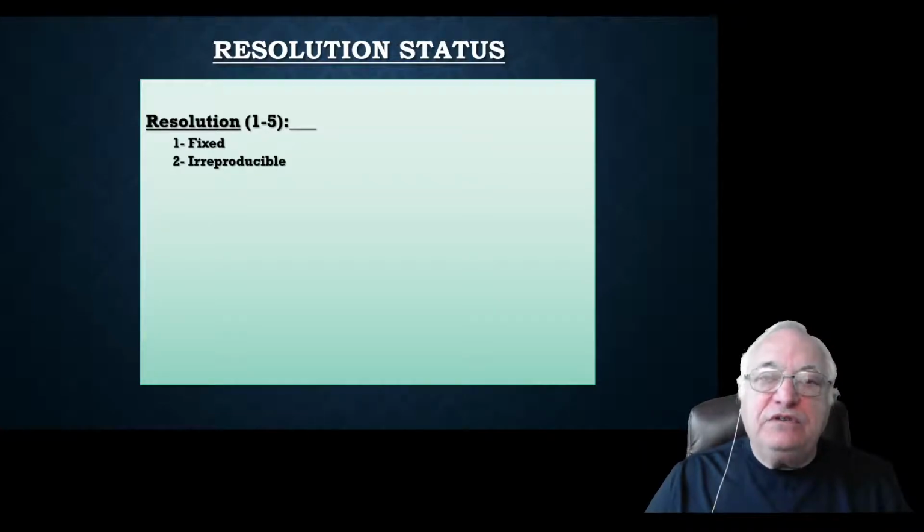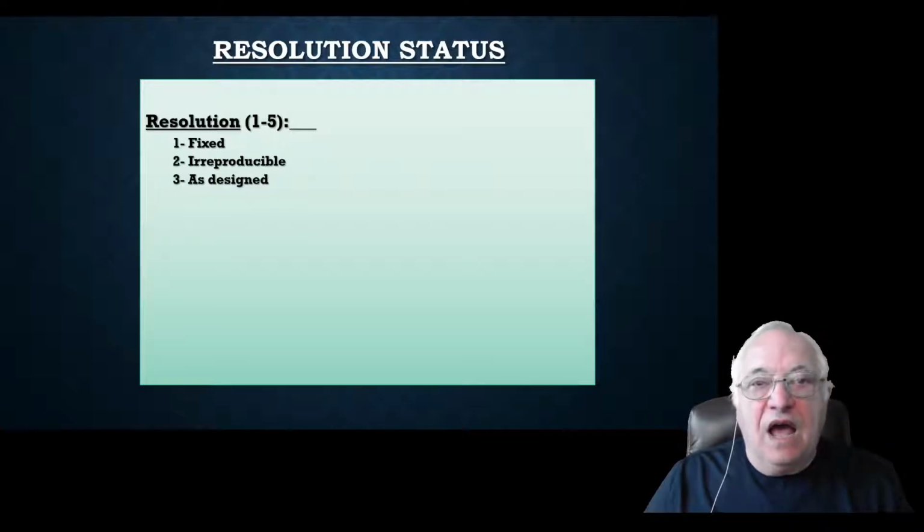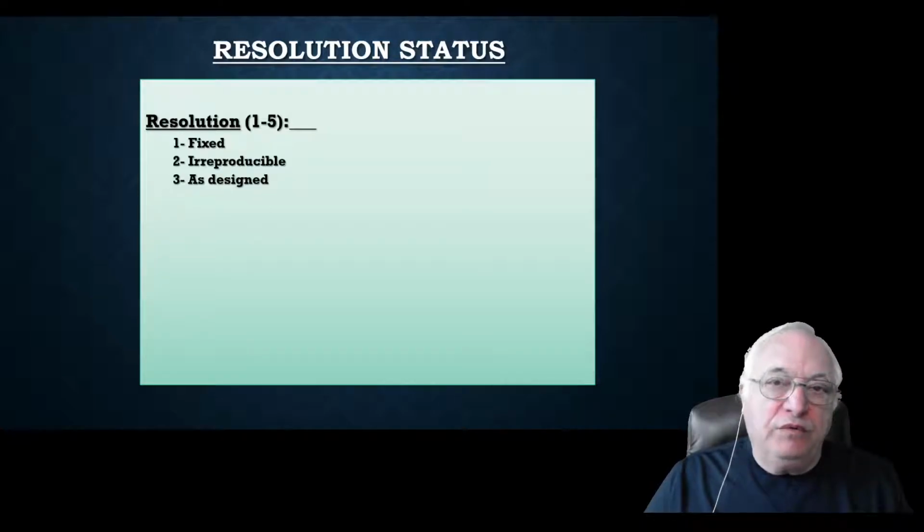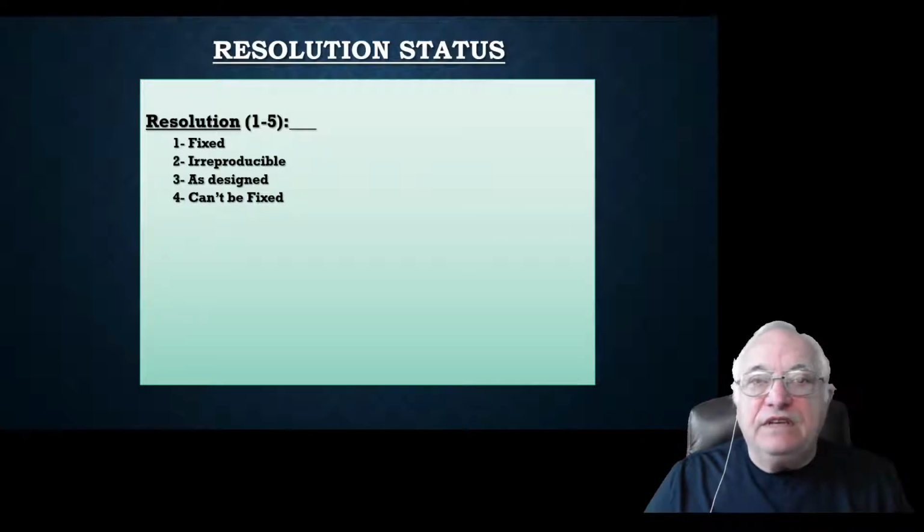They did everything you said, they followed your comments, they did it 10 times, they were not able to reproduce it. As designed, that means the documentation needs to change because what we designed is correct. Cannot be fixed is when you discover a problem and we are in deep trouble, we're not going to be able to fix it.